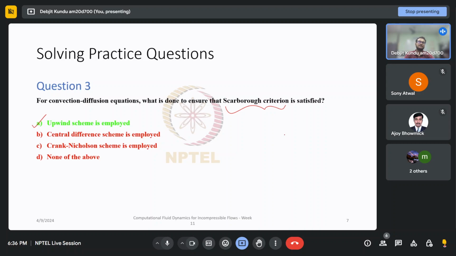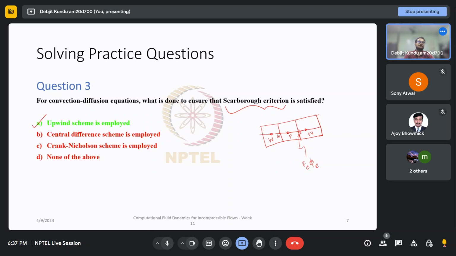So what does upwind scheme mean? Let's say I have a 1D domain like this, so this is small w, capital W, small e, capital E. Let's say at point E we are interested in finding out what Fe phi E is.